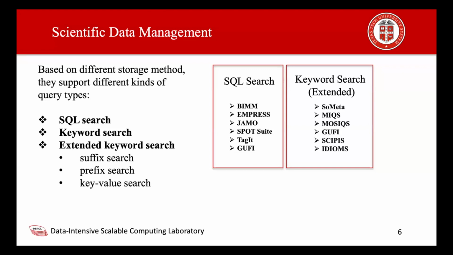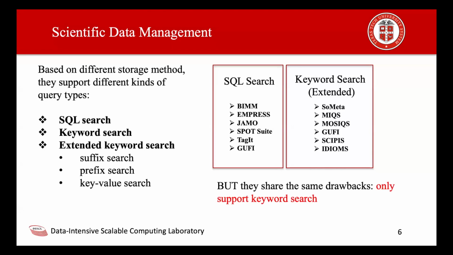The rest of them use keyword search, or we can call it lexical match, and they can also use extended keyword search, such as suffix, prefix, and key-value search. A typical example is MIX, and the last one, EdgeMIX. Dr. Wei Zhang mentioned the last one, right? But they all share the same drawback. They only support keyword search, or we can call it lexical match.